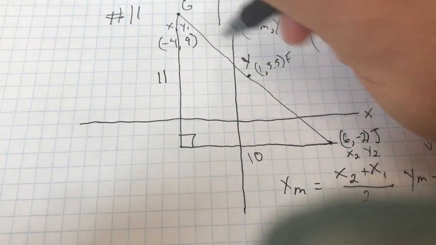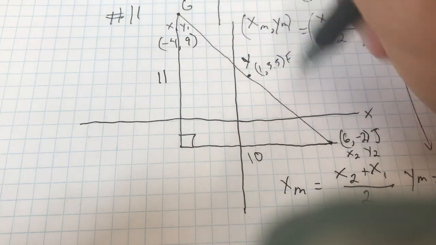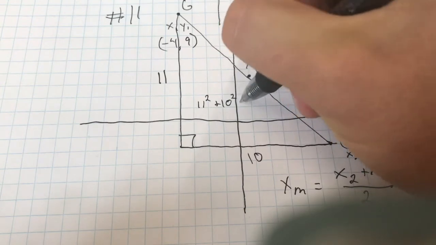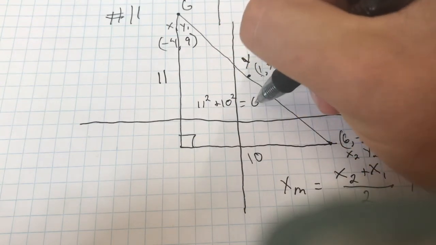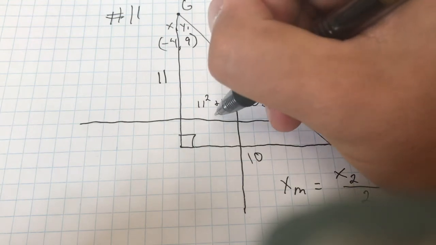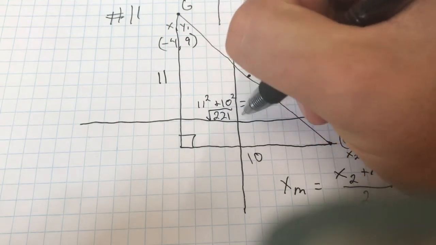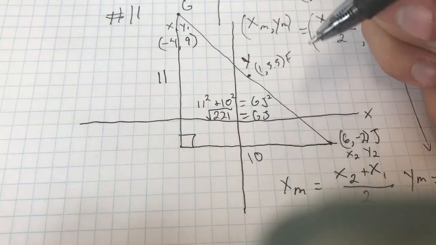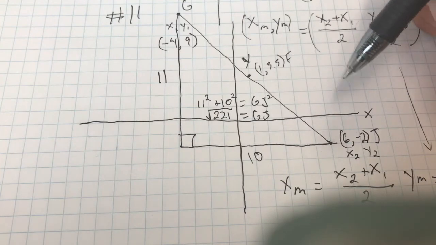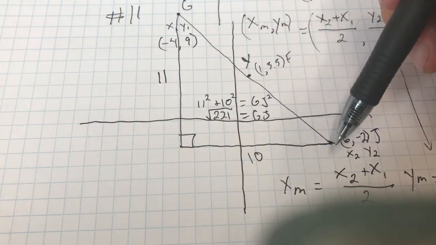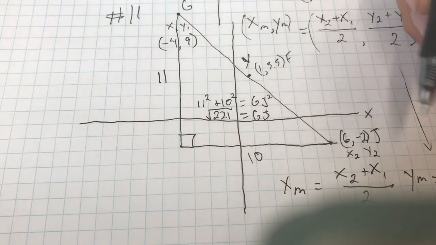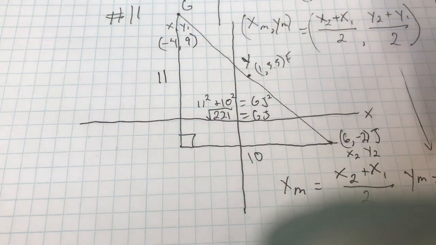So if I'm trying to come up with the length of GJ, then I know it's going to be 11 squared plus 10 squared equals GJ squared. So that's going to be 100 plus 121. 221, square root, equals GJ. I'm not sure if that simplifies to anything, but I figured that out super quick just because I drew these, right? So especially if you want to use graph paper, ask for it. Bring it to school. It's very useful.